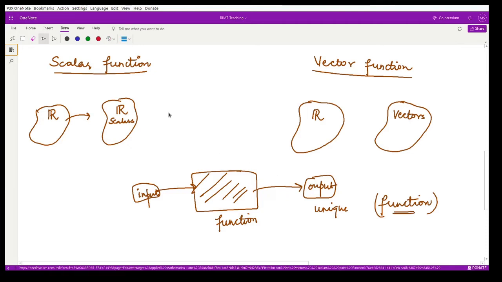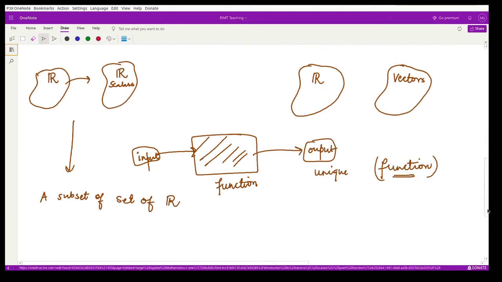So here, scalar function means you are taking a subset of the set of real numbers. So what would be this subset? It would be some interval, say a to b, of this kind, right? So from this interval, we are taking some number, say t, belonging to ab.